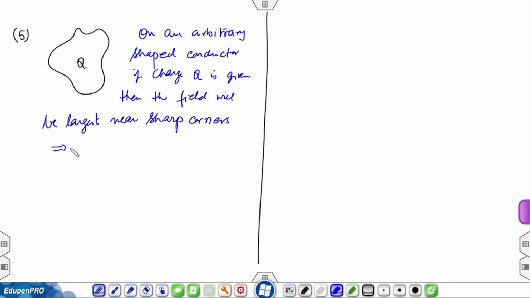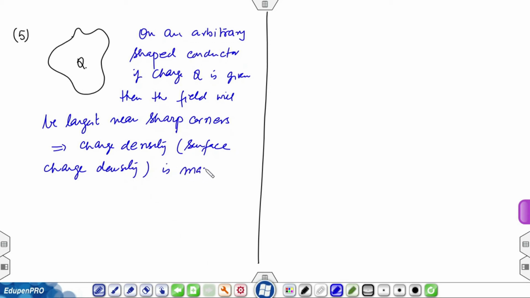and this also implies that charge density, and since this is a conductor, it is going to be surface charge density, because charge is going to reside on the surface, is maximum near the sharp edges, corners.